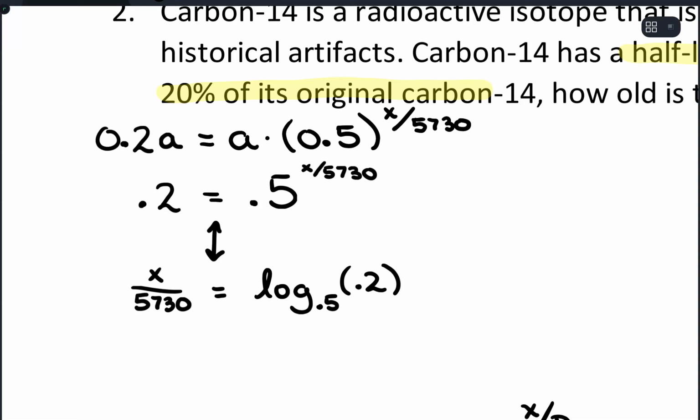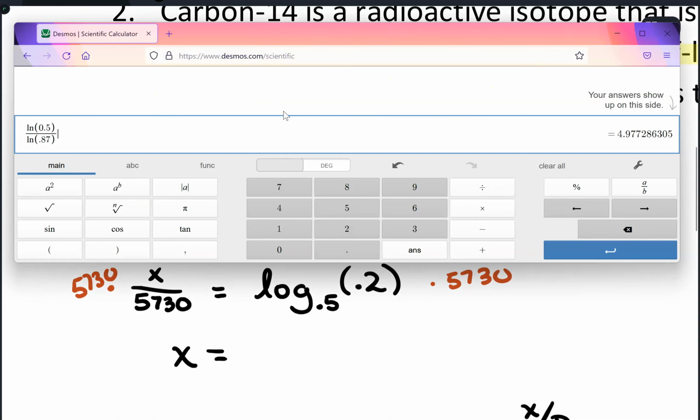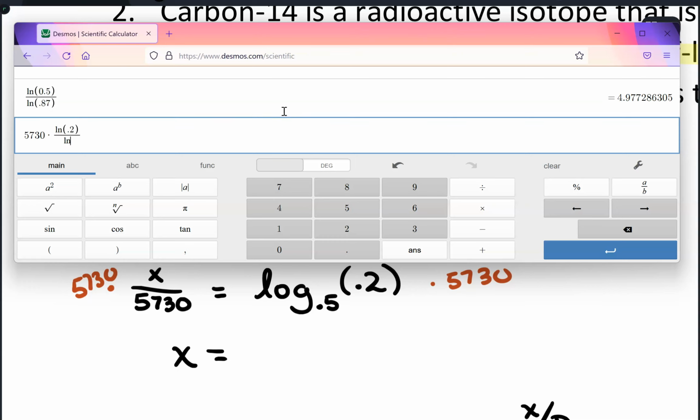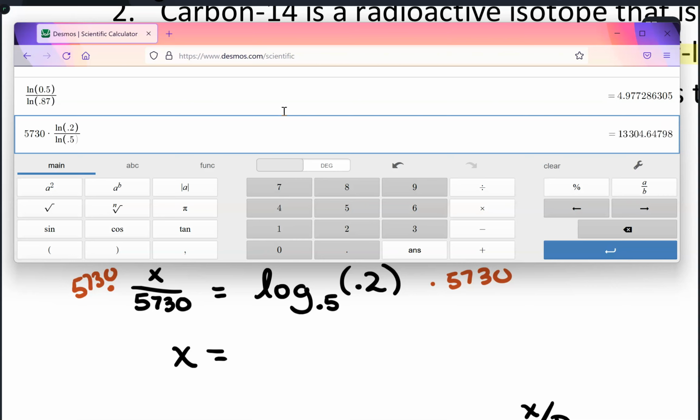And then just to finish it off, we want to get that 5,730 out of the denominator, so I'm going to multiply both sides by that value. So x is equal to, I'm going to need the calculator for my change of base formula. So we're going to have 5,730 times logarithm of 0.2 divided by logarithm of 0.5.